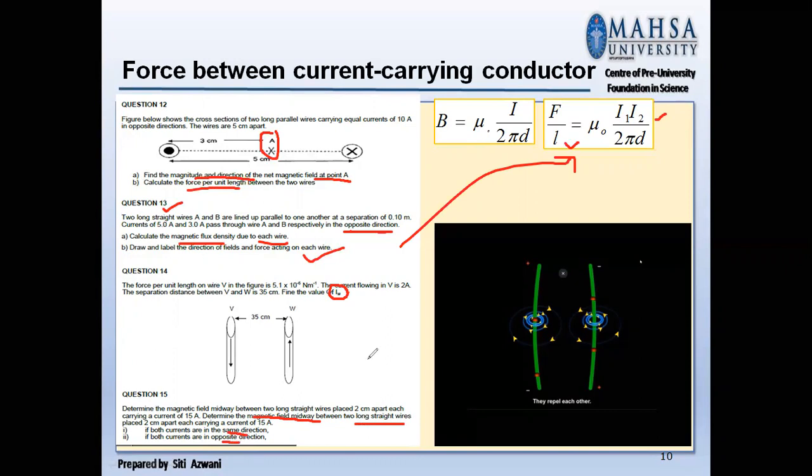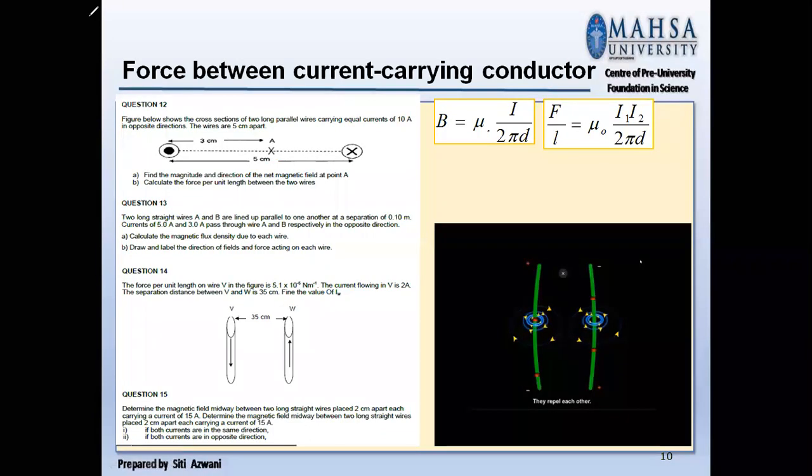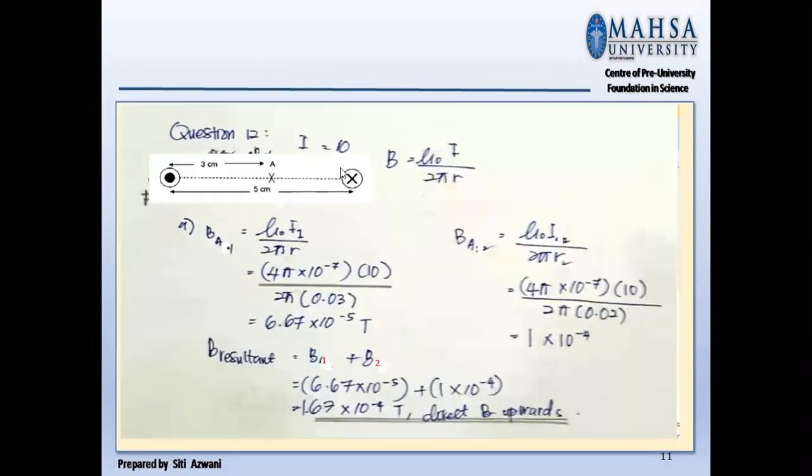Let's do the solution for number 12 first. For number 12 here, the direction of both currents are in opposite direction.